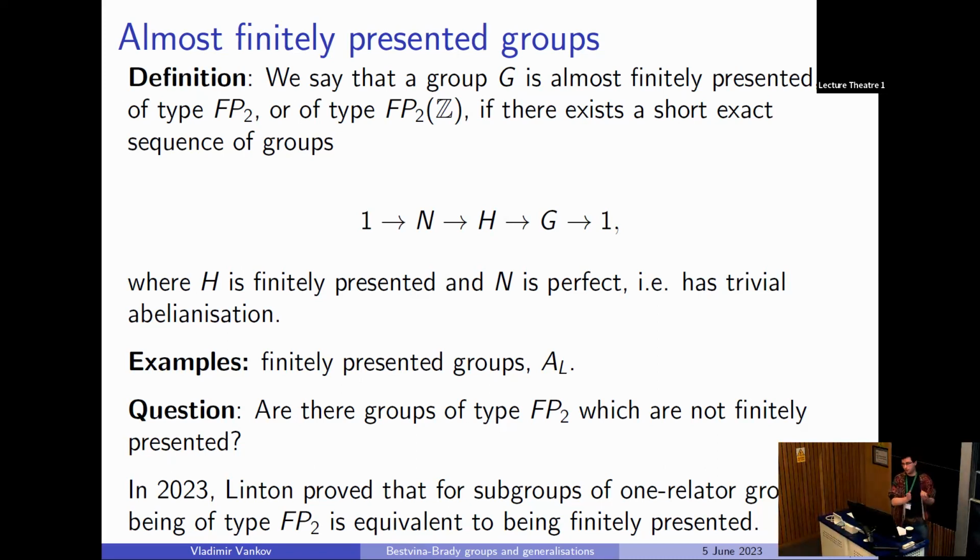So first they showed that finitely generated subgroups of one-relator groups are of type FP2. And then because Linton was able to show that FP2 is the same as finitely presented, in fact, finitely generated subgroups of one-relator groups are finitely presented. So this is one of those cases where this question has a positive answer.